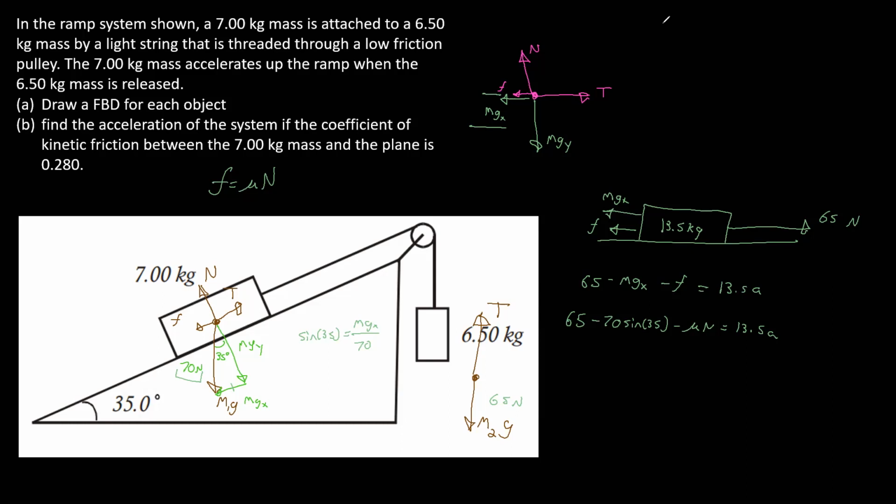But I need to find the normal force. So what I need first is my equation in the y direction, normal minus mgy is equal to 0 because I'm not accelerating away or into the ramp. I'm accelerating up the ramp. So that's going to be normal minus 70 cosine 35, or my normal is equal to 70 times cosine of 35.